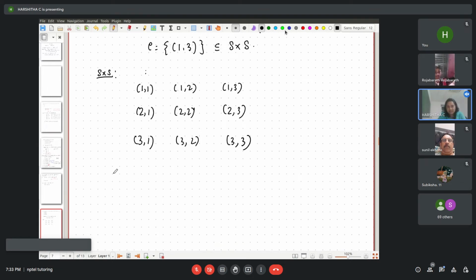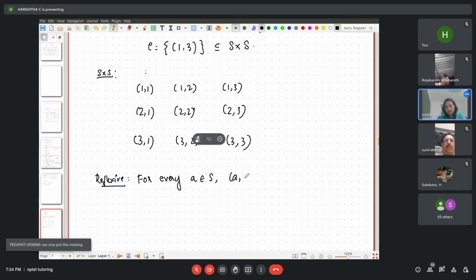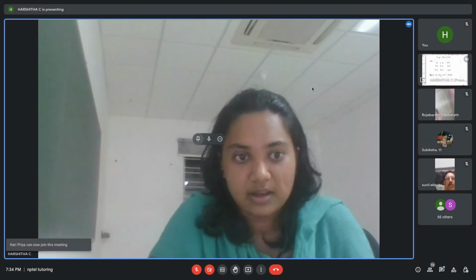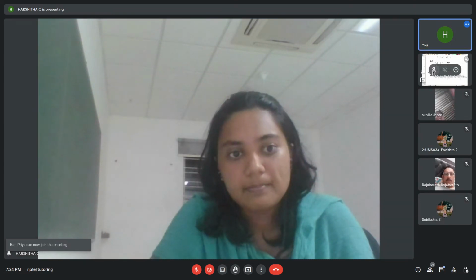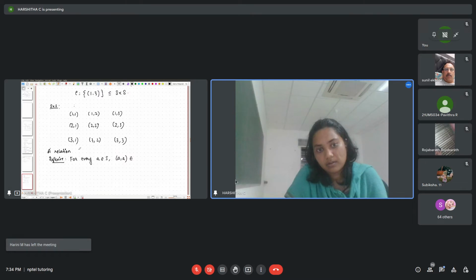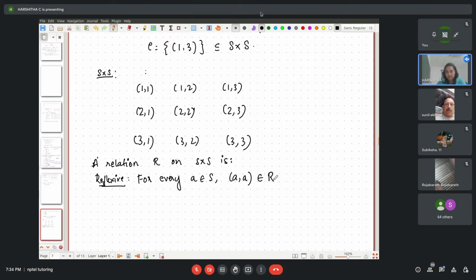When we say a relation is reflexive, what we mean is that for every element A in S, A comma A should belong to the relation. Let's call the relation R. The relation R on S cross S is reflexive if for every A in S, this belongs to the relation.